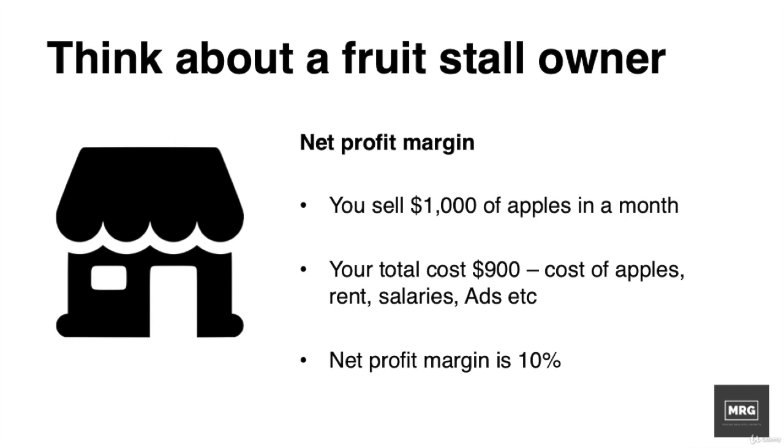To calculate the net profit margin, you take $100 divided by $1,000 multiplied by 100%, and you get a net profit margin of 10%. So as a business owner, if you have a net profit margin of 10% and your total sales is 1,000, that means you can take $100 into your own pocket.